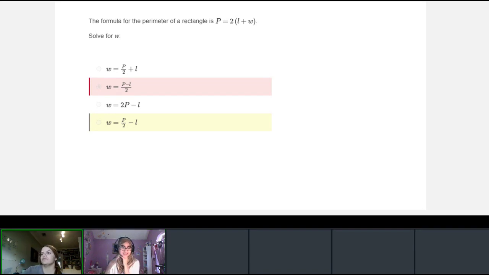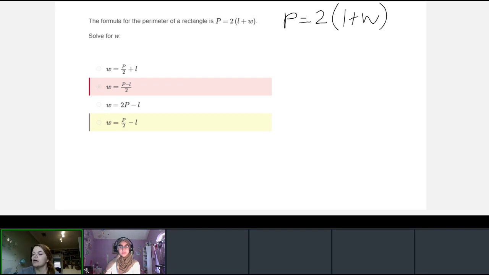So, okay, the first one that we're going to do says the formula for the perimeter of a rectangle is P equals 2 times (length plus width). Solve for W. The first thing I'm going to do is get rid of these parentheses.